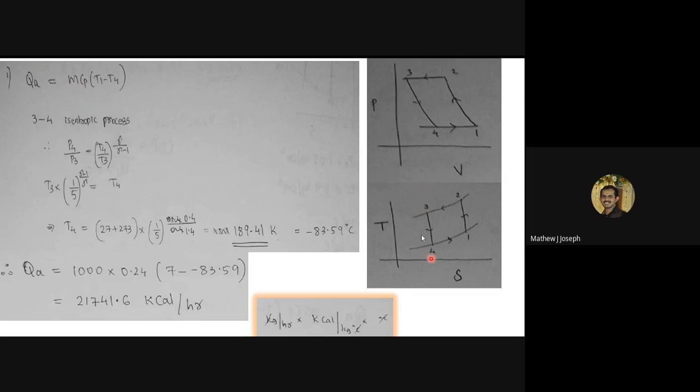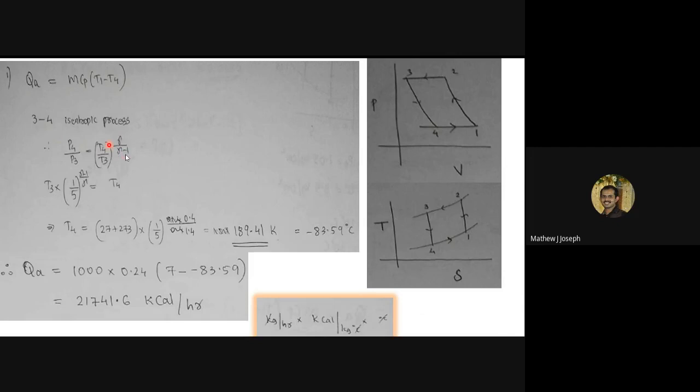In the question itself they are saying that it is an isentropic expansion process. 3 to 4 isentropic expansion process. So we can straight away apply our isentropic law to 3 to 4. During the last derivation itself, we have seen how to apply this isentropic process to 3 to 4, and we have already derived this simple relation, that is P4 by P3 will be equal to T4 by T3 raised to gamma by gamma minus 1.